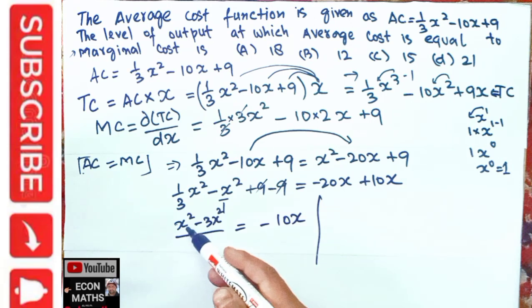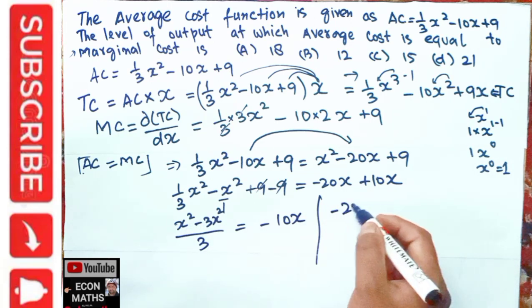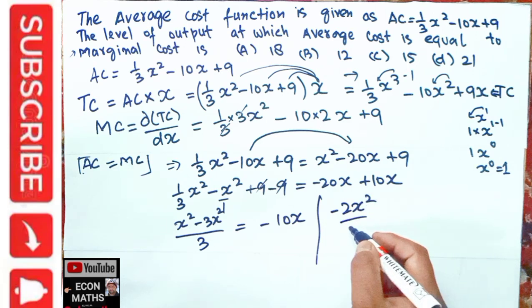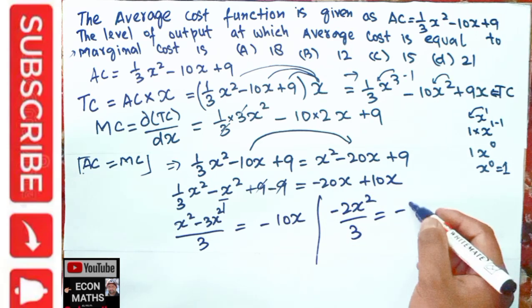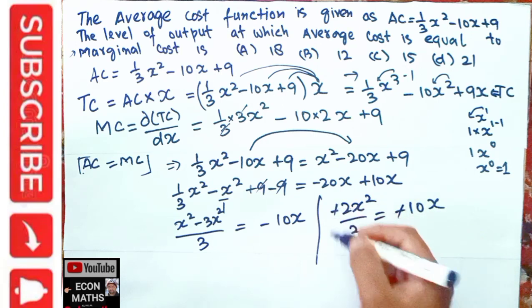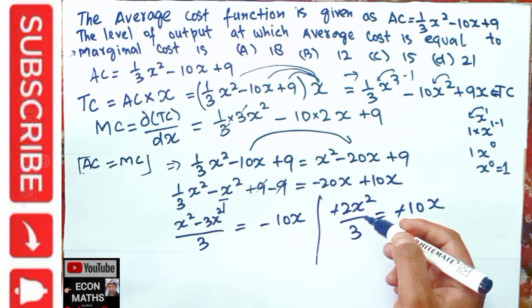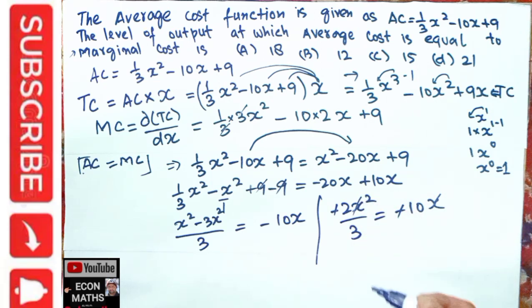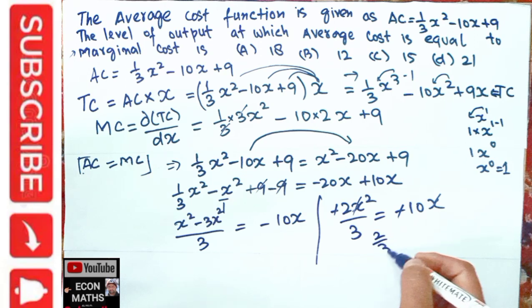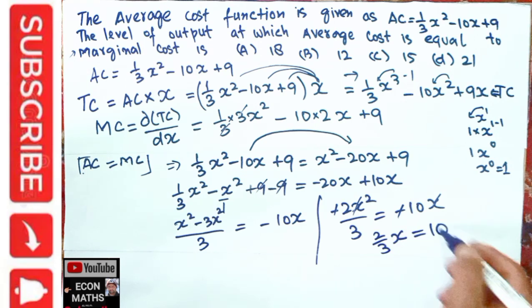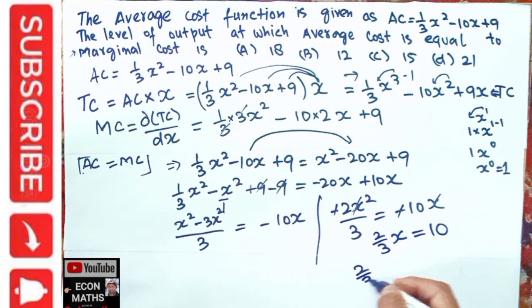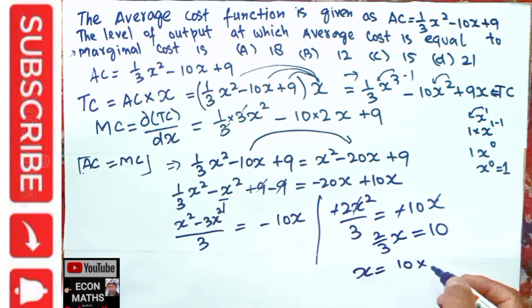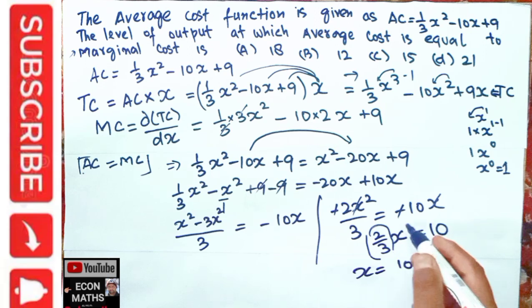Or we can write x square minus 3x square is minus 2x square divided by 3 is equal to minus 10x. This minus and minus gets cancelled, and we have x here and also x here. This also gets cancelled, so we will get 2/3 x is equal to 10, or x is equal to 10 into 2/3 transposed to the RHS.